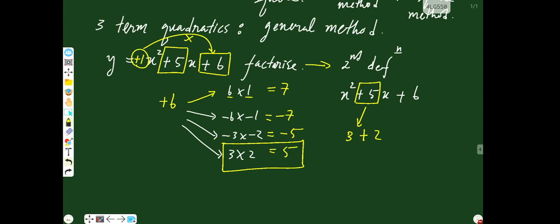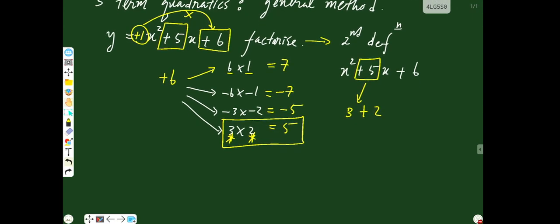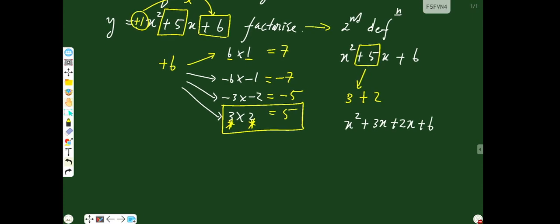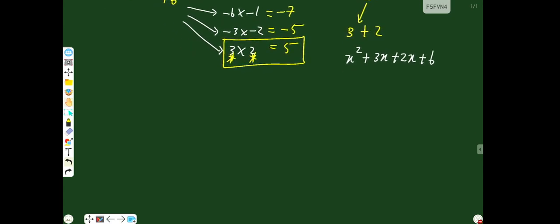You are taking that from here. So that is the strategy. Now plus 5 is replaced by 3 and 2, so it's going to be x squared plus 3x plus 2x plus 6. This bit is very important to understand.